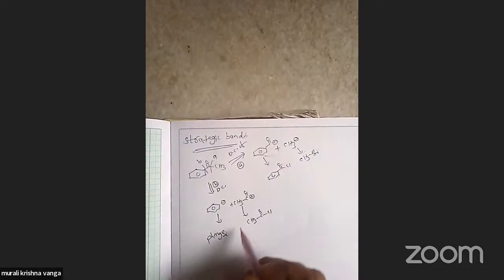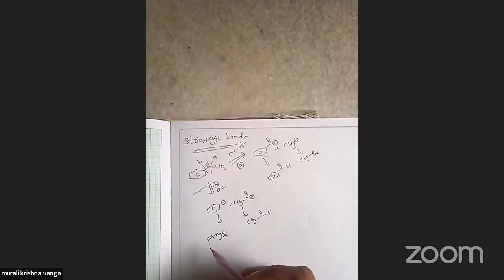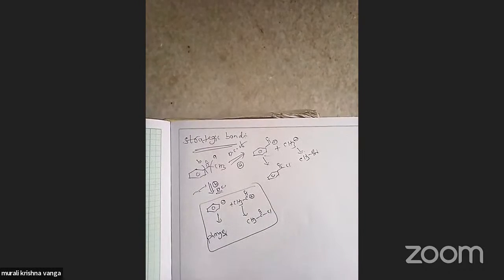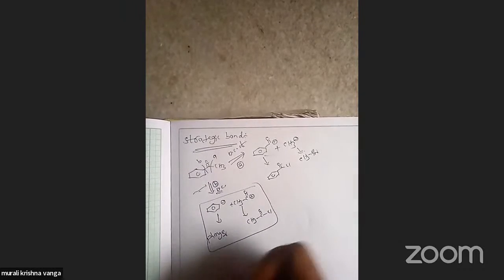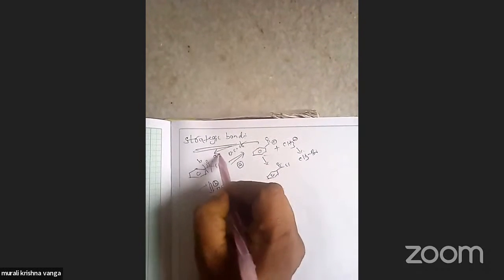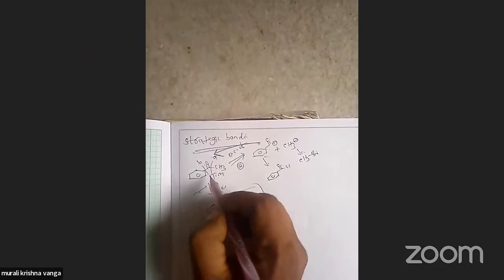Disconnection of the B bond is very easy, because it is a good disconnection: it gives readily available, cheaper starting material, and the synthesis by the reverse process is very easy compared to the other. Synthesis of this target molecule the other way is very difficult compared to this disconnection. Therefore, disconnection of the B bond is a good disconnection, and this bond is called the strategic bond.